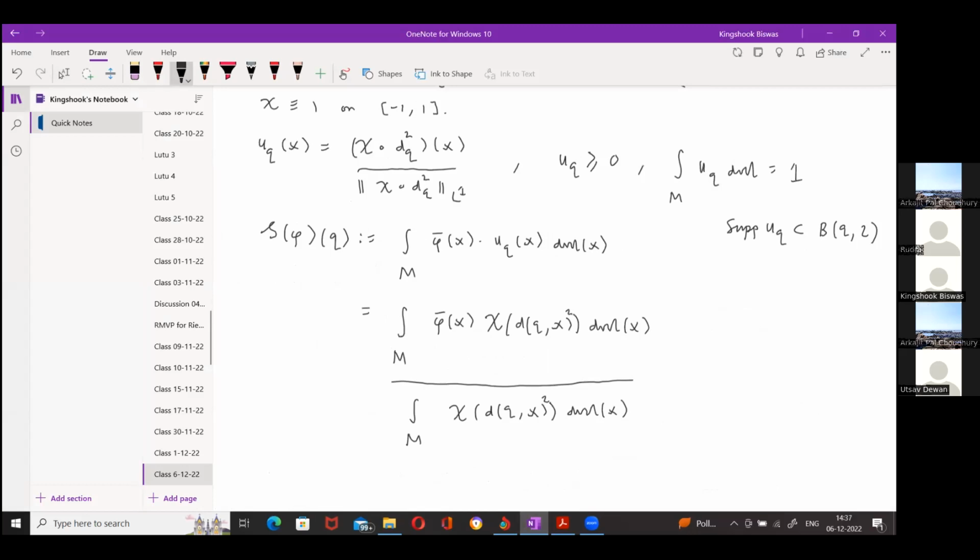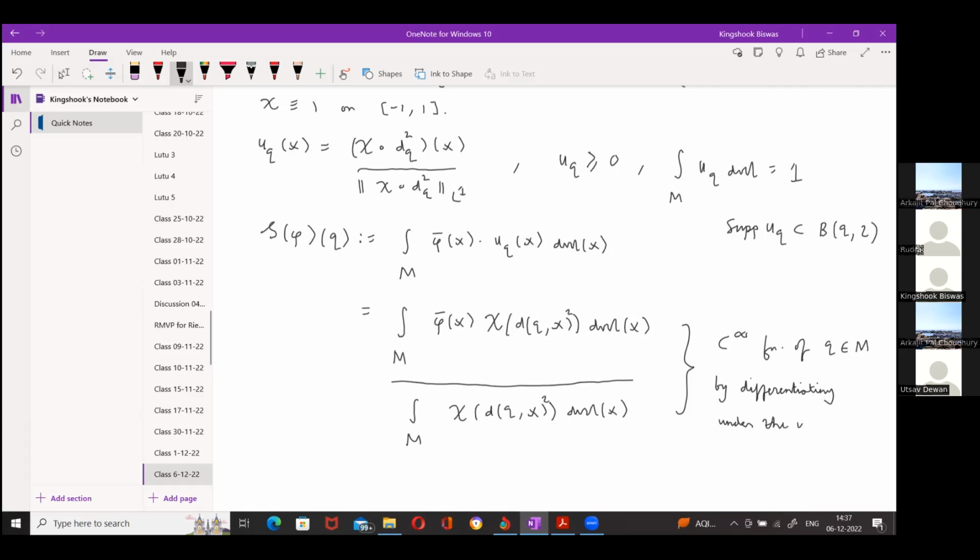All right. Now it's easy to see that this function is a C infinity function of Q by differentiating under the integral sign, right? Is that clear?